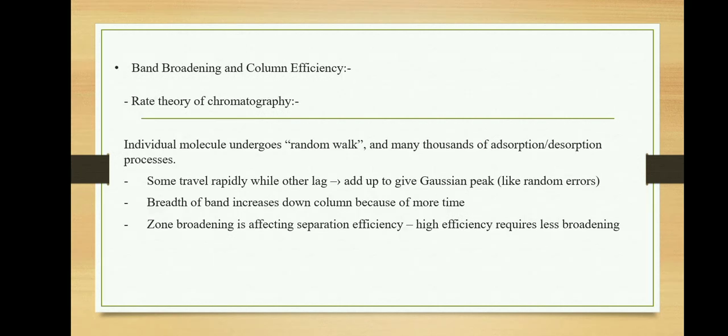Column efficiency is generally discussed in terms of plate height, number of plates and the Van Deemter equation. The peaks in chromatography are generally shaped like a Gaussian distribution, and that has to do with the random variation of how long the analyte spends in the mobile phase versus the stationary phase.